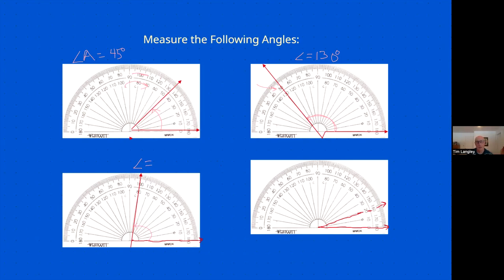Okay. And then the last one, if we look at this last angle here on the bottom right, what would you say? And I'm again going to fill in with my little arrow here to make it really clear what the angle is that's being measured. It looks like 20 degrees. Okay. Just a little review of measuring angles.